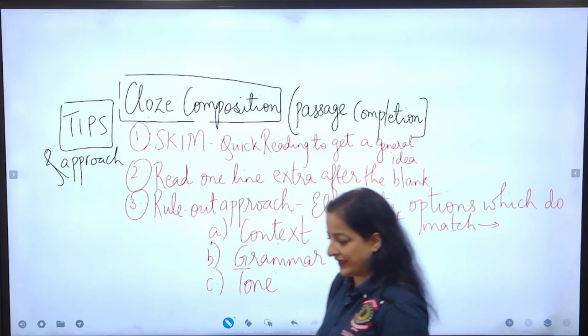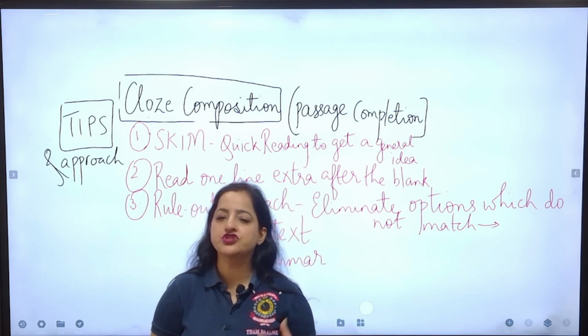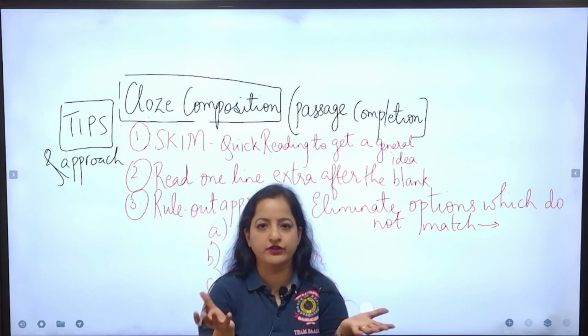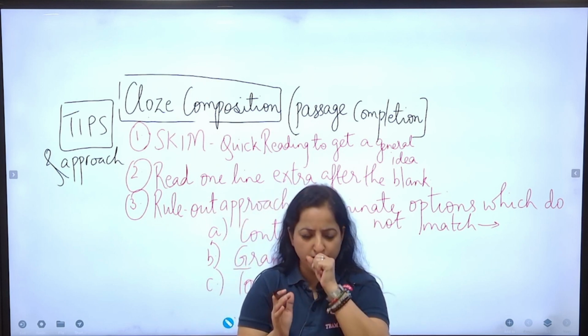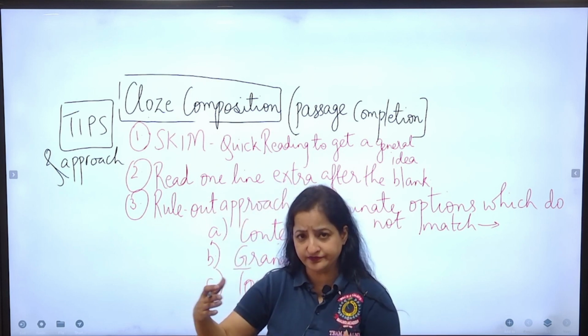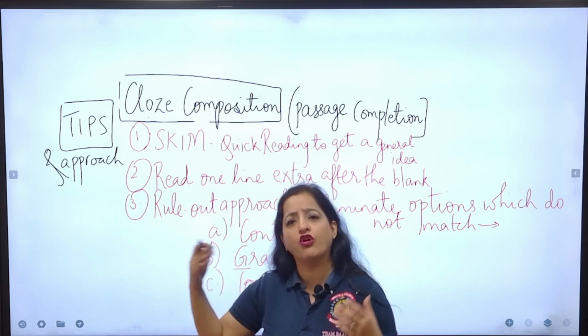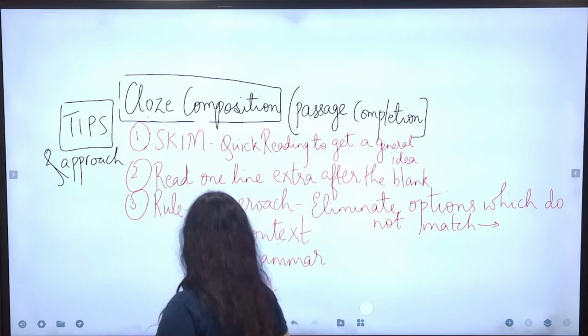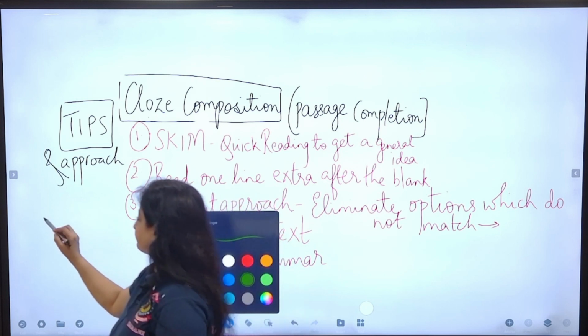Now let me explain. Let's say a passage is talking about volcano. Some volcano reference is there. And here goes an example. After the dash of the volcano. And the options given are, let me change the color.